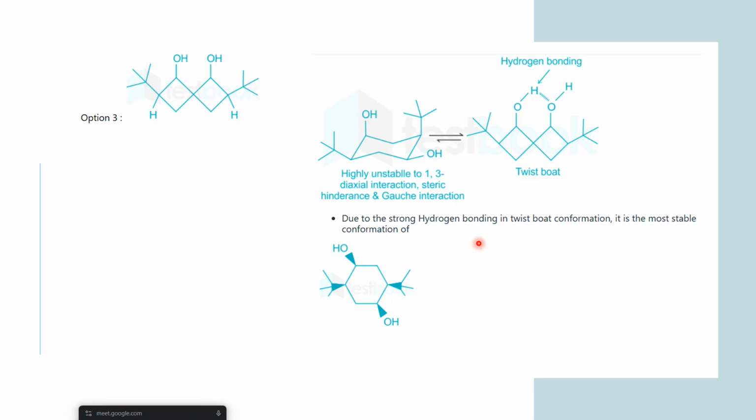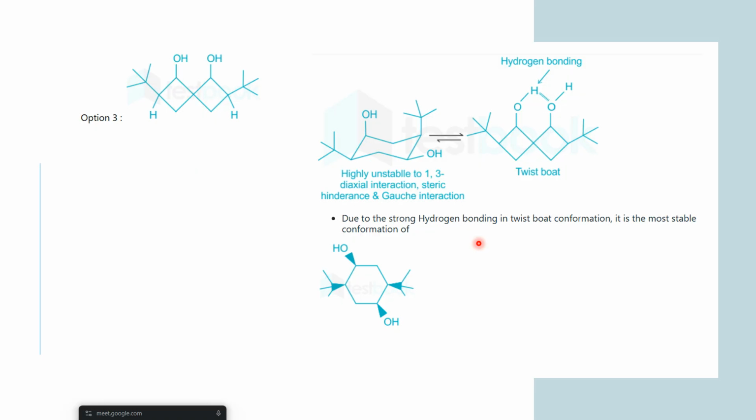We have two hydroxyl groups, so the most stable conformation will be the one where we will have a possibility of hydrogen bonding, because you must remember that intramolecular hydrogen bonding leads to lowering of a huge amount of energy.